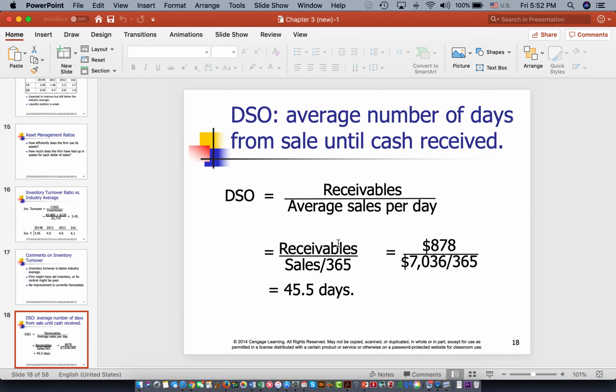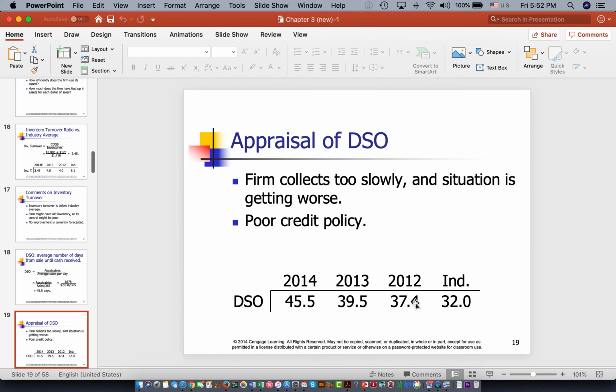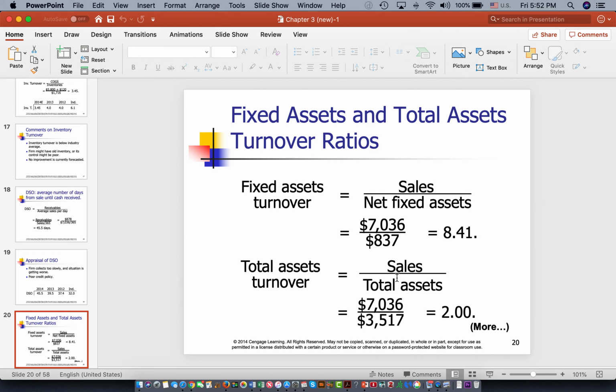Then DSO is days sales outstanding, receivables over average sales per day. The higher the DSO, the less efficient you are. In this case, your DSO is 45.5 and the industry is 32, so you're not doing too well. DSO is the only ratio in asset management that we discussed where higher is worse; for the rest of them, higher is better.